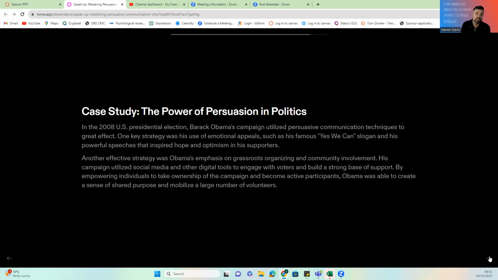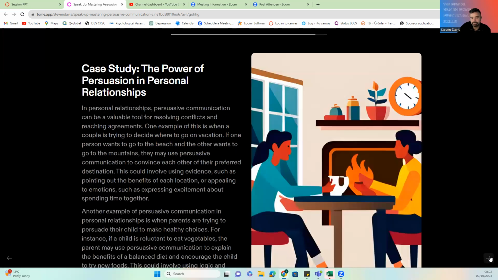The campaign utilized social media and other digital tools to engage with voters and build strong bases of support. By empowering individuals to take ownership of his campaign and become more active participants, Obama was able to create a sense of shared purpose and mobilize a large number of volunteers.